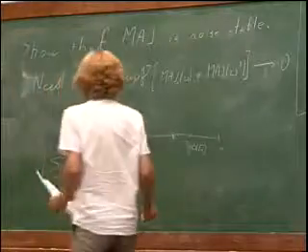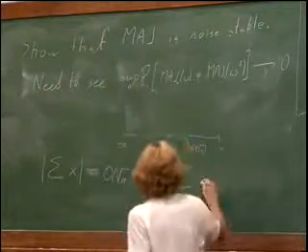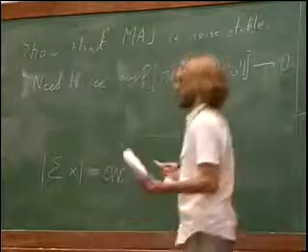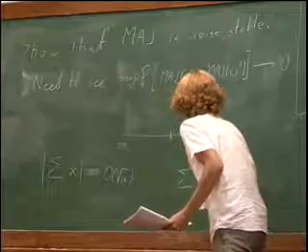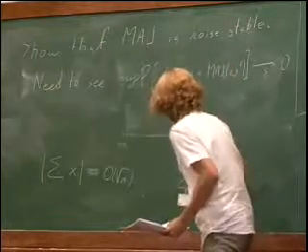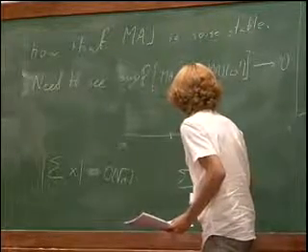And then the sum of the flips. What do I mean by the flips? I mean x_i^ε minus x_i.